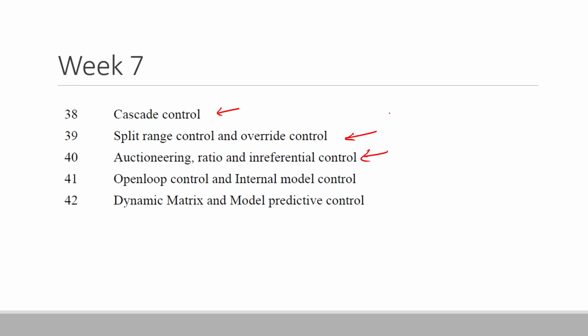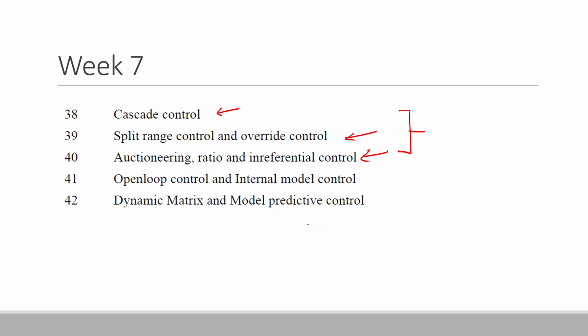All of these don't require the process models, in the sense they don't need knowledge of the process. Basically, what is happening inside the process, we are not concerned with that. We only need to know how my manipulated input will affect the measured output. So we only need these 2, the manipulated input and the measured output, and on the basis of that we can generate our control strategies.